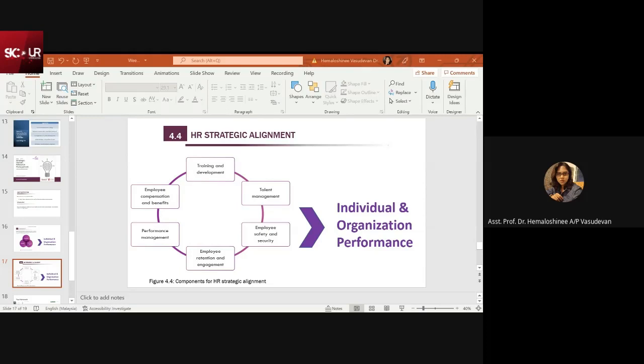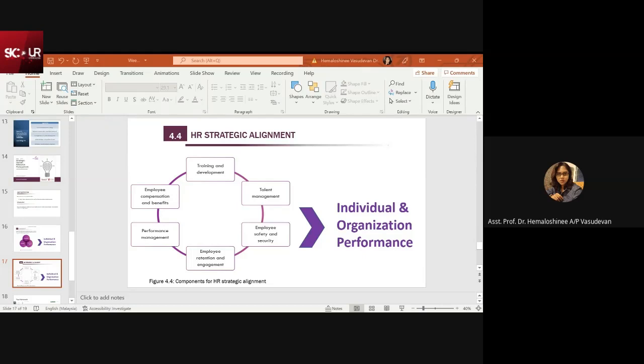So in employee welfare, they look into the benefits, salary, hospitalization, sick allowance, annual leave, all that. Okay, so they are looking into the employee safety and security.